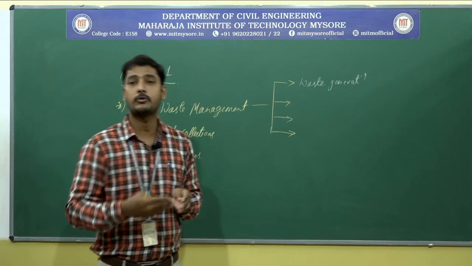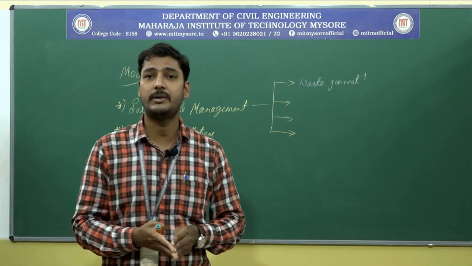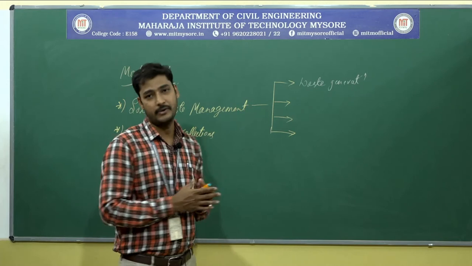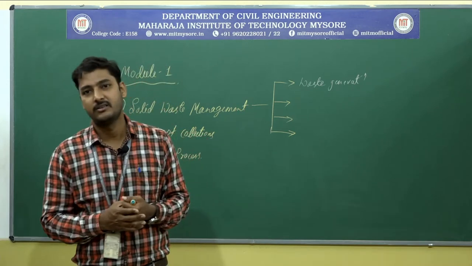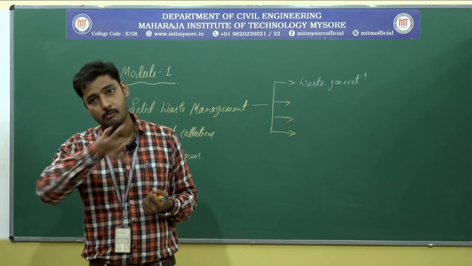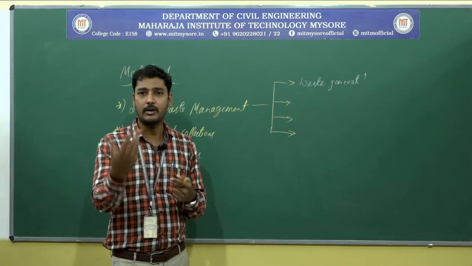Even in household activities nowadays, even corporation members often talk about the separation of wastes. We should separate the wastes. Solid waste we need to separate, liquid waste we need to separate, wet waste we need to separate. Like that they announce it.